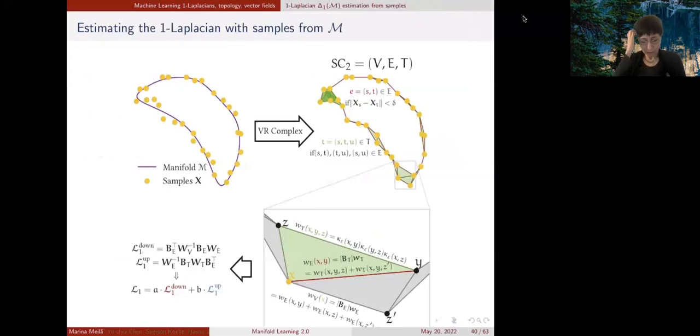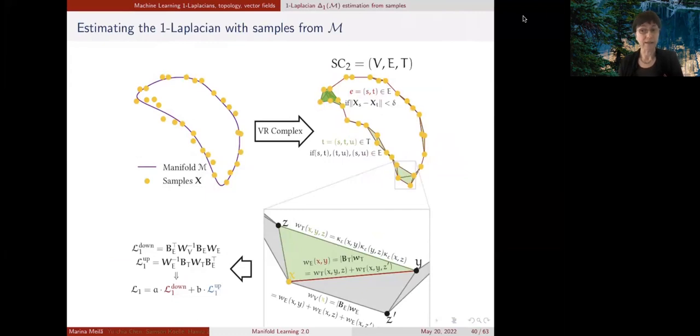Okay, so in a picture, how is the first order Laplacian estimated? Again, there is a manifold that we assume. There are data sampled from the manifold. And then we analyze the data as usual by finding neighbors of each data point. We connect these neighbors by edges, so the red are the edges that we obtain. But then we don't stop there.